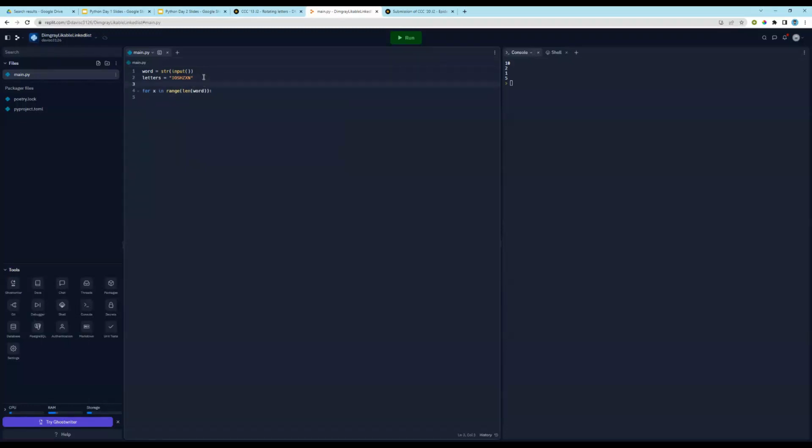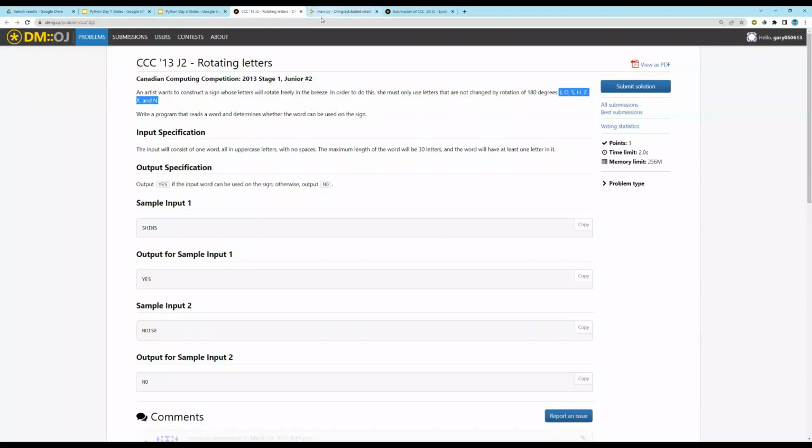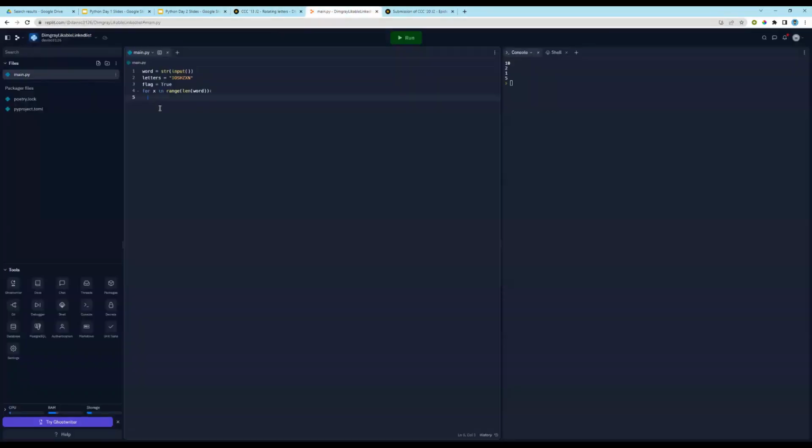So we have to keep track of a flag. By default, let's assume that everything is true. Let's assume that this entire word is a yes, that it is flippable.